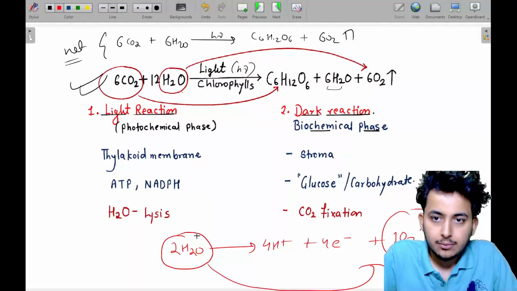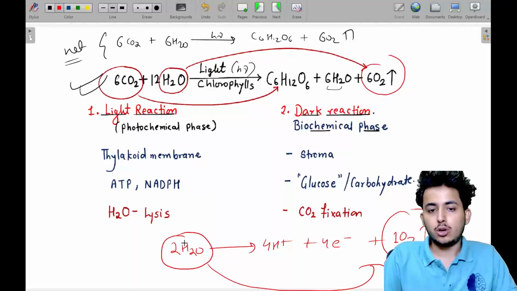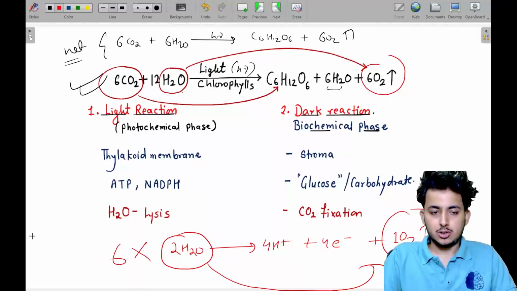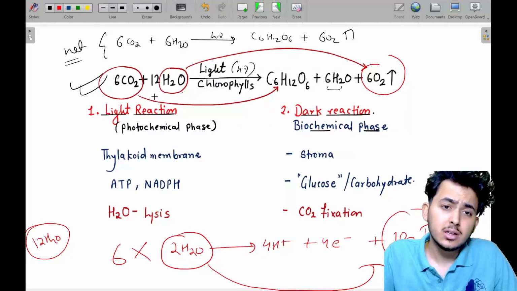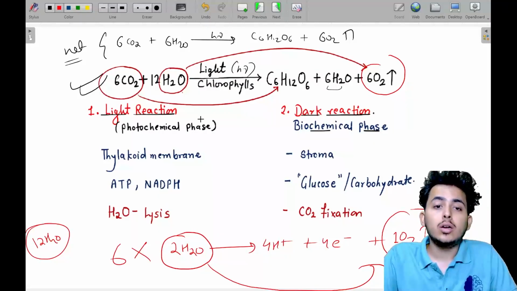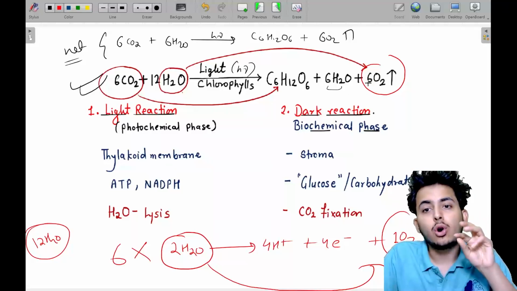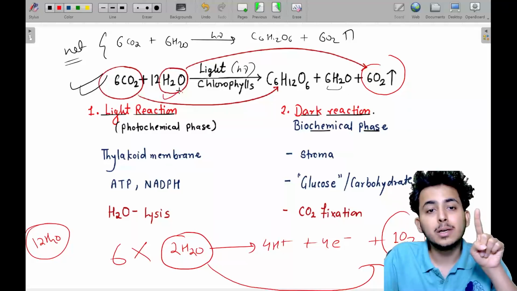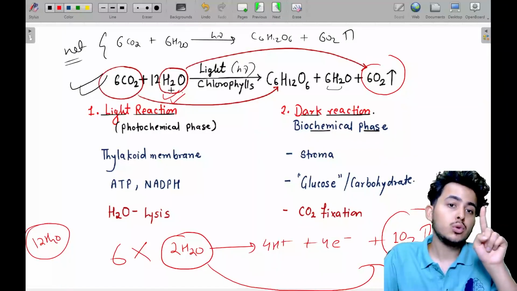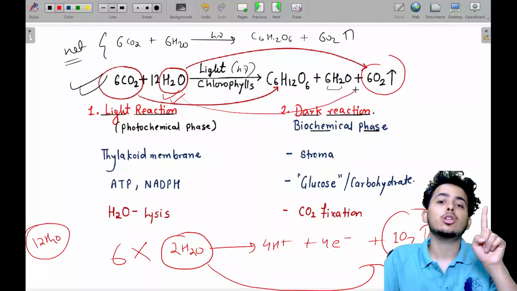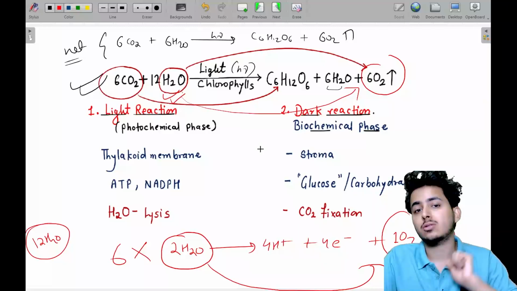If you have to yield six oxygen molecules, you have to multiply this by 6, so you require 12 water molecules. This equation represents that the evolution of oxygen is because of the splitting of water molecules. Because of the splitting of 12 water molecules, you are getting 6 molecules of oxygen.